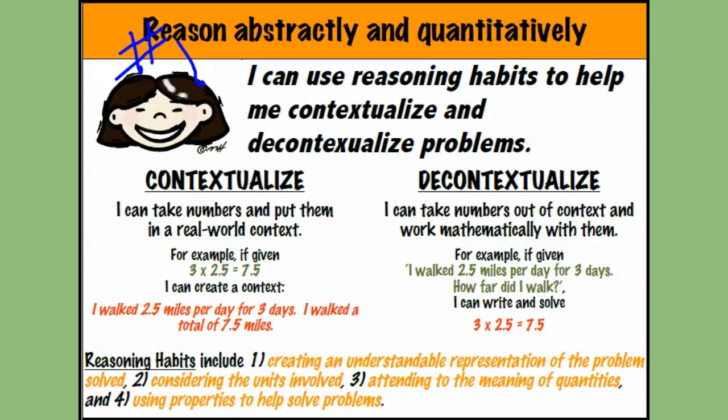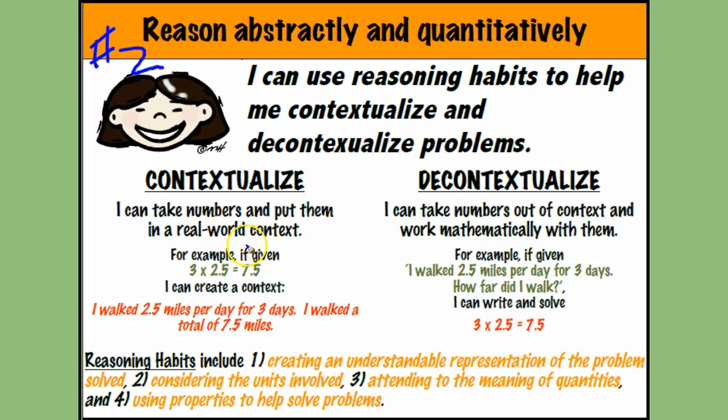The second math practice, number 2: reason abstractly and quantitatively. I can use reasonable habits to help me contextualize and decontextualize the problems. Sounds like big words here, but I like their explanation.